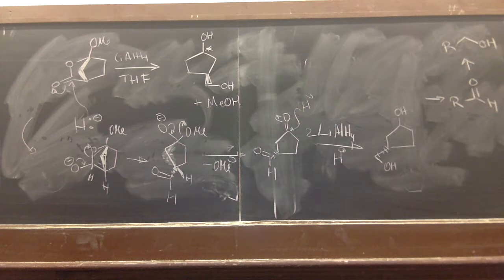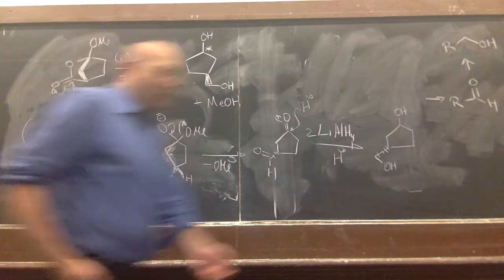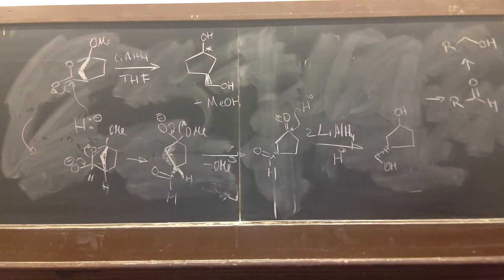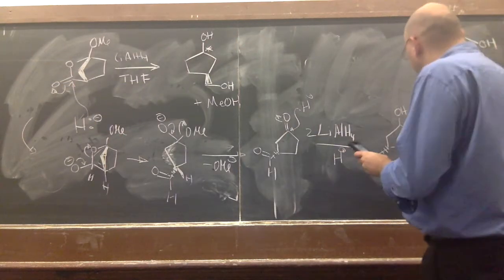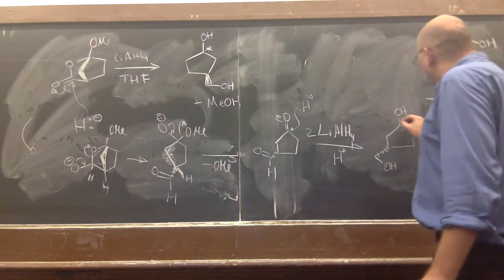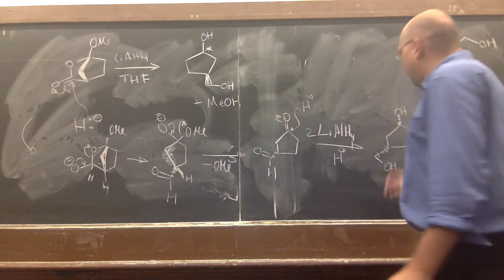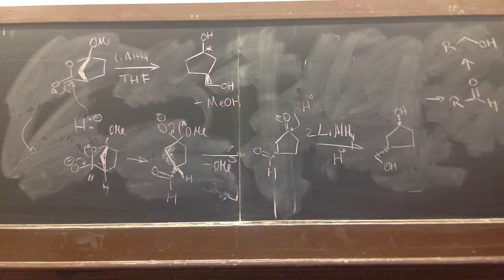Let me ask you guys a question, though. What if we expected this, and this gets a little bit more advanced, but just hopefully breaks down some of the ambiguity that we have. What if I instead told you that you didn't get a mixture, but you got that molecule?